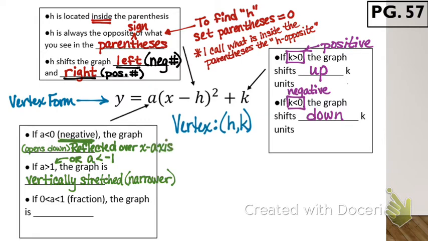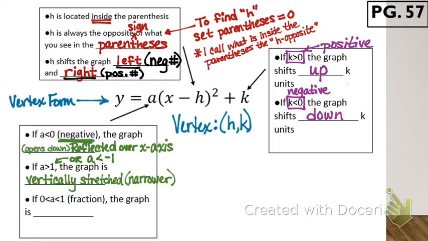So if A is any kind of negative number, we're going to see this parabola open down. We say it's been reflected over the x-axis. That's what tips it upside down like this. If A is bigger than 1 or smaller than -1, it's going to vertically stretch my graph.